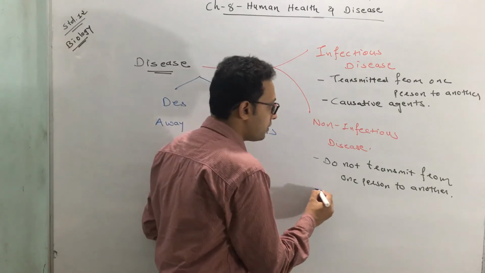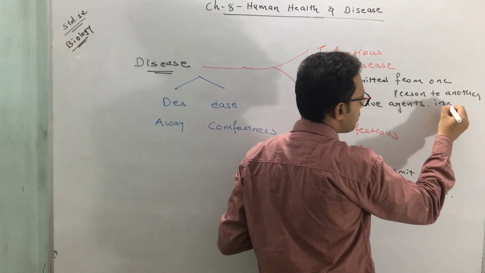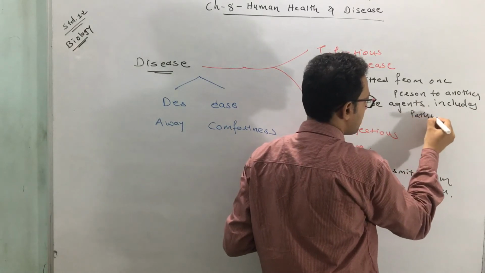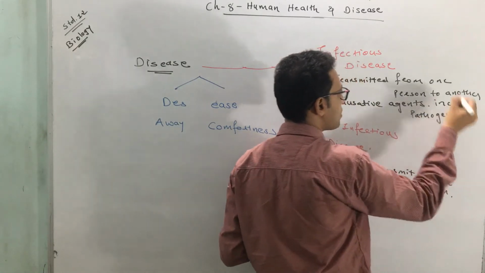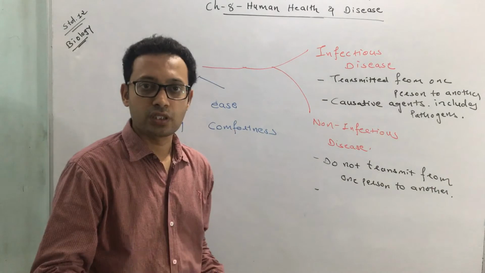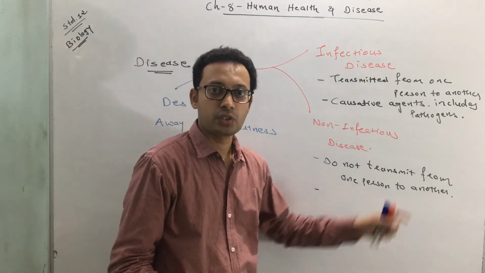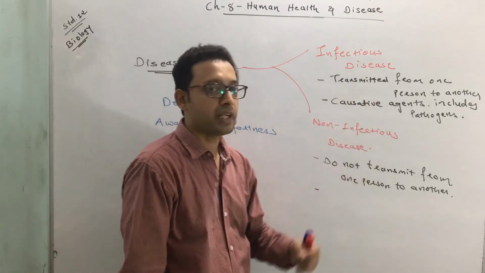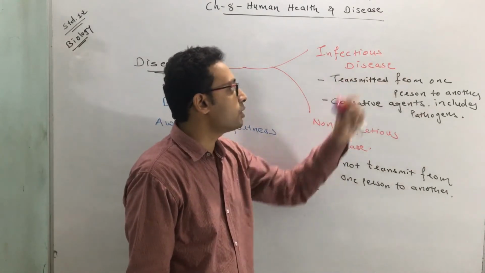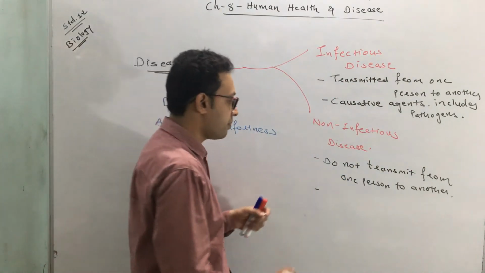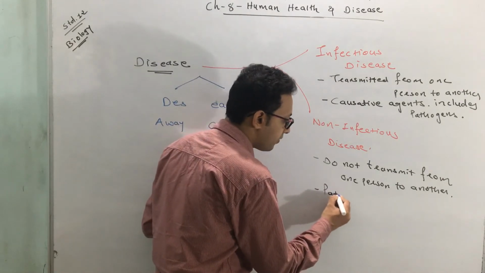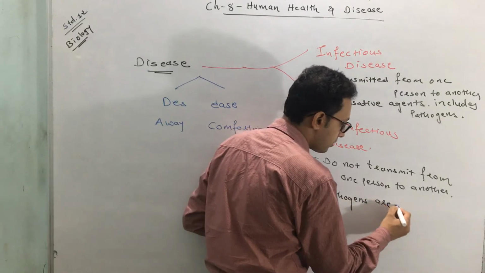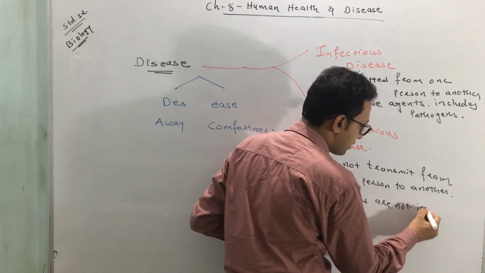The causative agents include pathogens. We'll see what pathogens are later on. Pathogens means the organisms that cause a disease. So pathogens are responsible for infectious disease, but in non-infectious disease there is no role of pathogens.